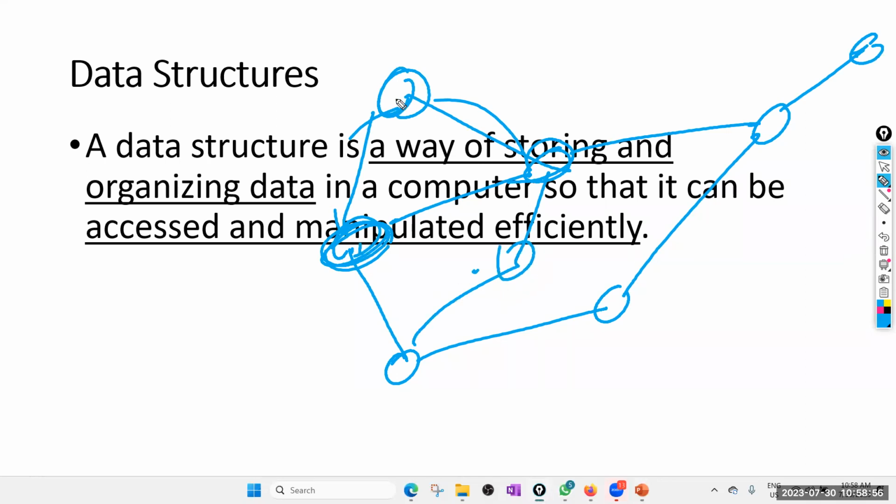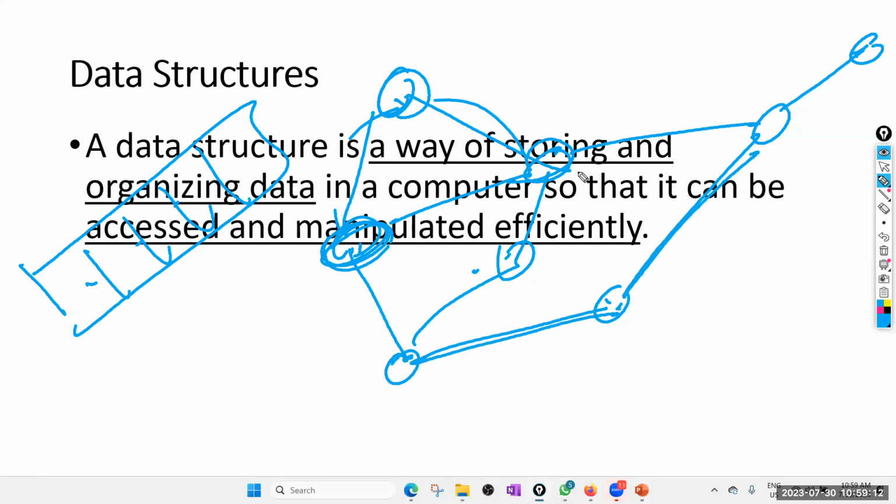So if you keep these things, towns, in an array, it does not keep these paths. Of course, you are keeping the towns, but it doesn't represent that there's a path between this to this, this to this, this to this.